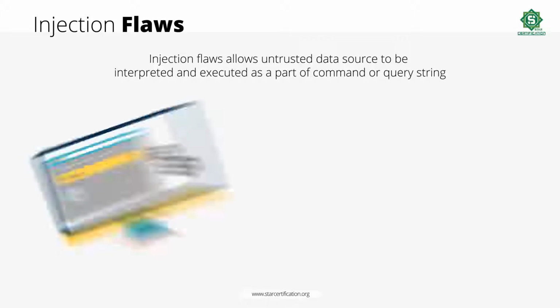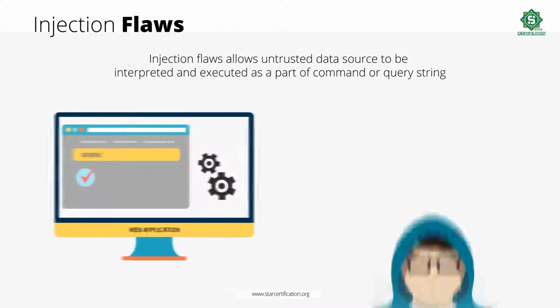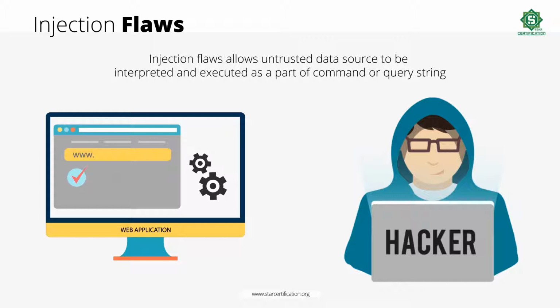Injection flaws are those web application vulnerabilities that allow an untrusted data source to be interpreted and executed as part of a command or query string. Your web application becomes vulnerable when attackers break out of the web application context and insert malicious commands and queries, resulting in data loss or corruption, denial of access, or lack of accountability.